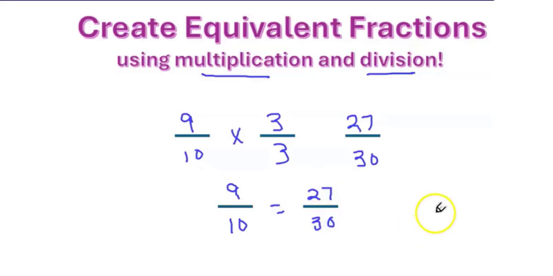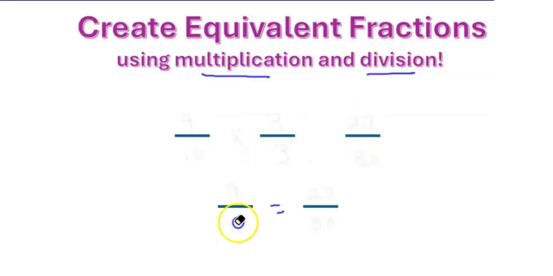Now, sometimes we want to find equivalent fractions with smaller numbers. And when we do that, we can use division. So let's look at a couple examples. Let's just use the one we just had. Let's say that we have 27 over 30, and we want to find an equivalent fraction with smaller numbers.